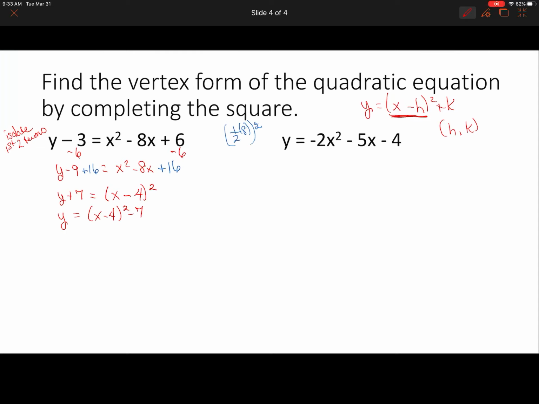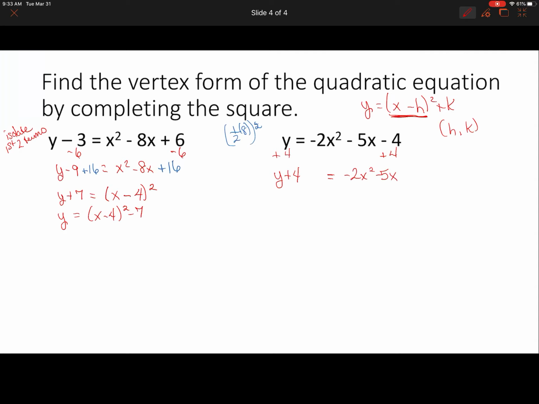In our last example, we see that we have a leading coefficient. So still, we want to isolate those first terms by adding 4 to both sides of the equation. And when we do that, we need to ask ourselves, how do we contend with this -2?